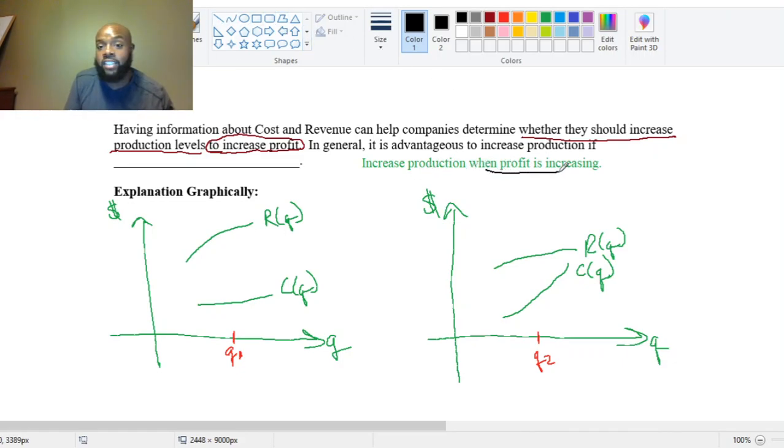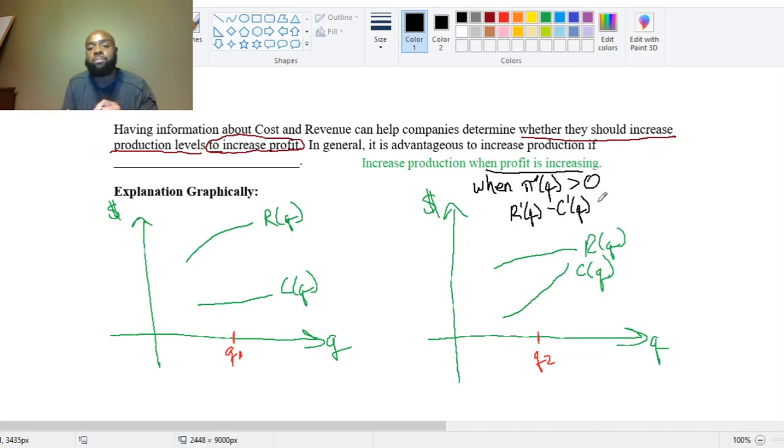This, when profit is increasing, is exactly the same as saying when marginal profit, and I'm going to use pi prime of Q, is positive, right? Well, pi prime of Q is R prime of Q minus C prime of Q.